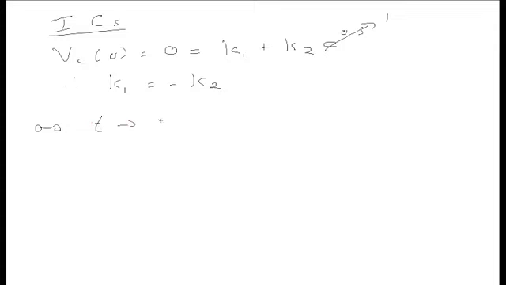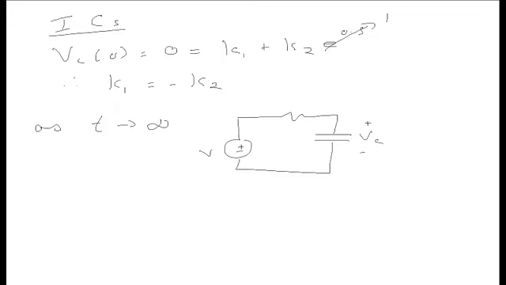As t approaches infinity, what happens? Well, let's think a little bit about our circuit. And I've closed the switch here so that we don't need to worry too much about it. We have a voltage Vc across the capacitor.